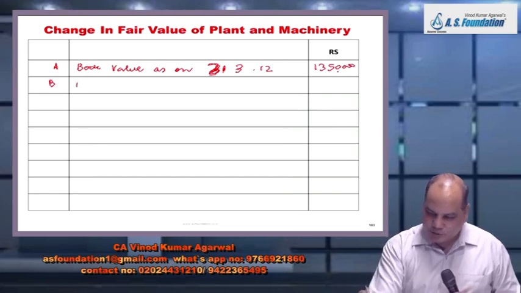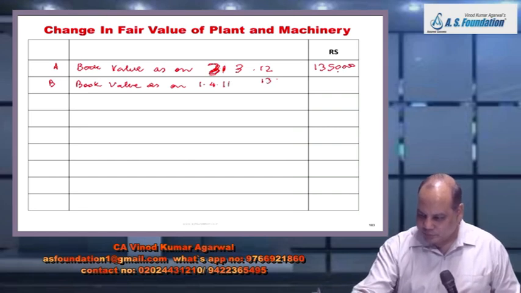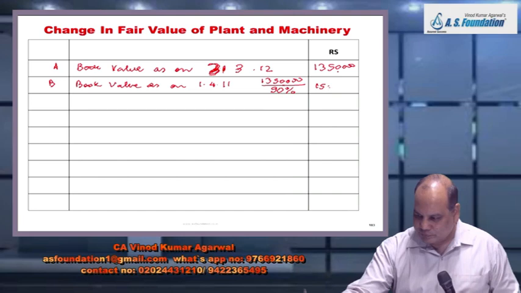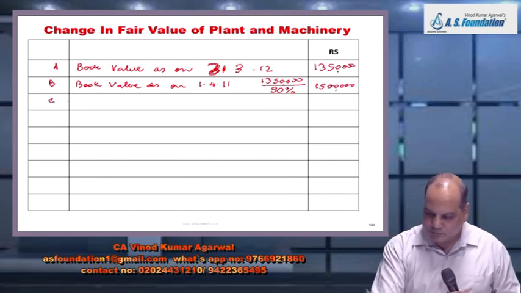Then you can write book value on 1st April 11. 13 lakh 50,000 divided by 90%, because depreciation charge is 10%, 15 lakh.